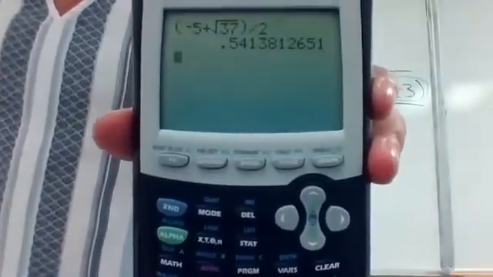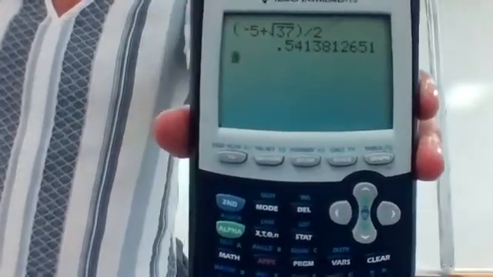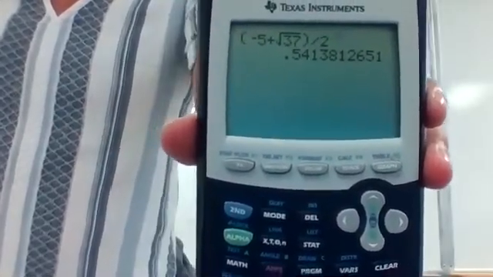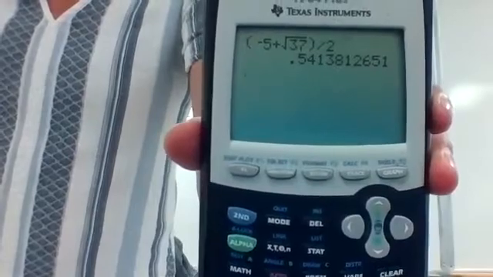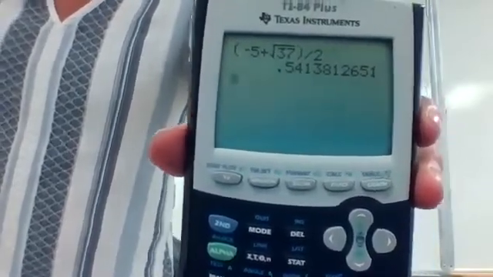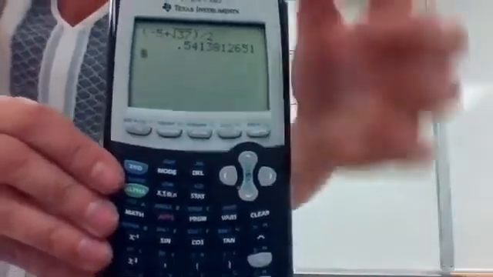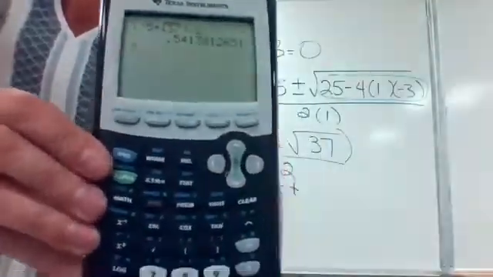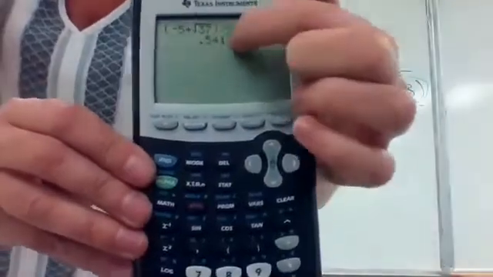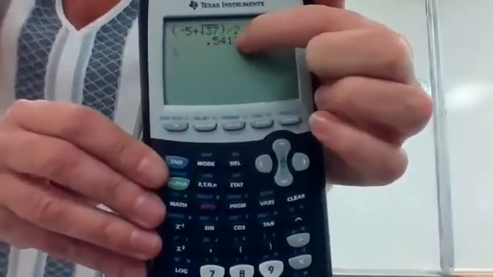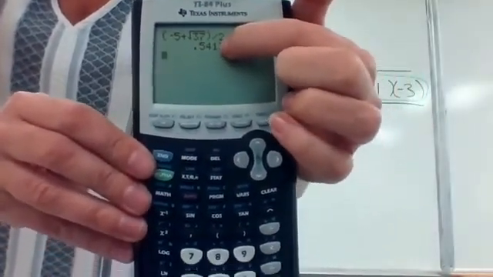It says to round it. See why it's approximate? Because it's a decimal that goes on to the end of the calculator. It really goes on beyond that. So the approximate is because we're going to round this to 3 decimal places. So let's see, behind the decimal point, we're going to go 3 spots. So 1, 2, 3. So 0.541.